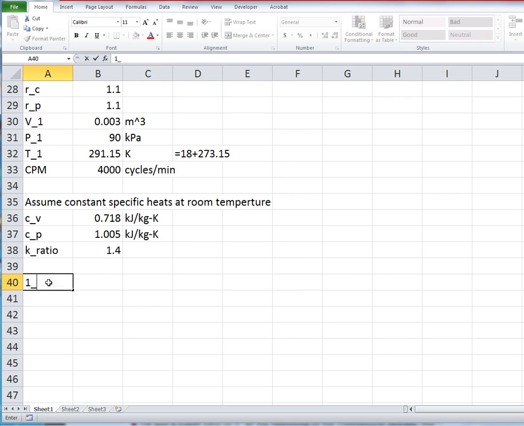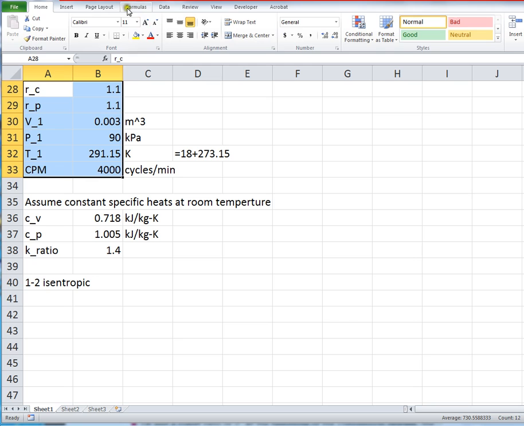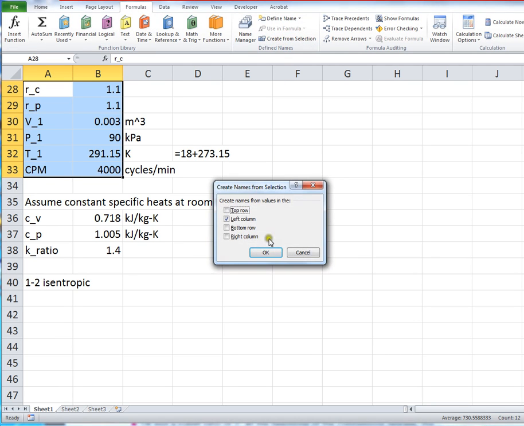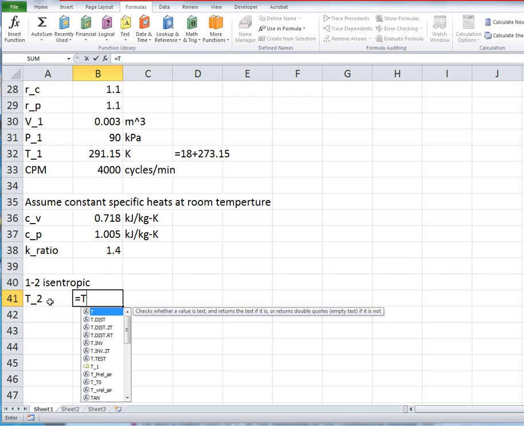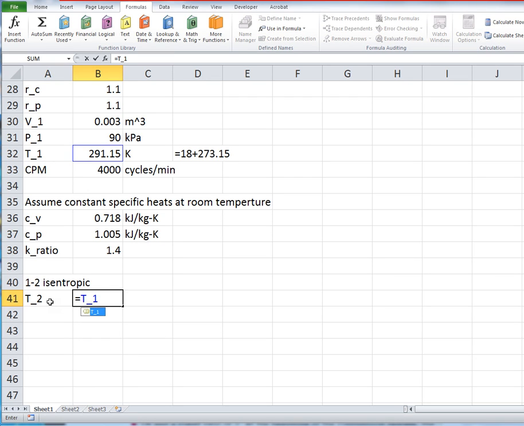So let's look at process 1 to 2, which is isentropic. So for constant specific heats, we can calculate T2 just from the isentropic process: T1 times V2 over V1 to the 1 minus k.